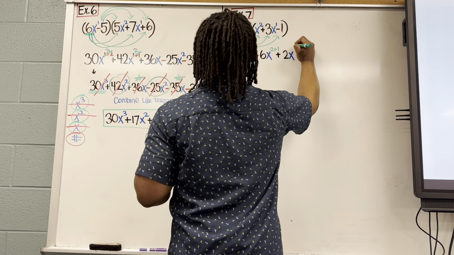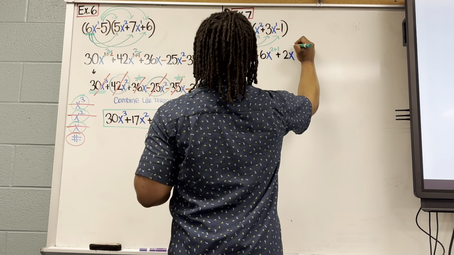So what we need to do, guys, is we need to actually simplify the expressions that represent the exponents, which is the 2 plus 2, which is 4. So that's going to actually be to the power of 4. 2 plus 1 is 3. So that's actually going to be to the power of 3. So now if I rewrite this, guys, it's going to look like this.